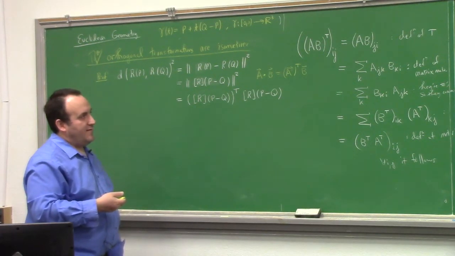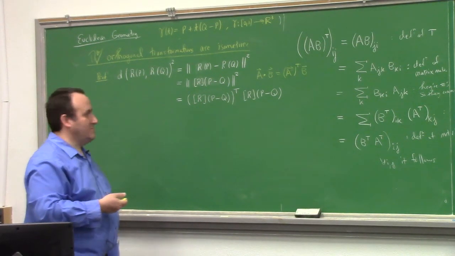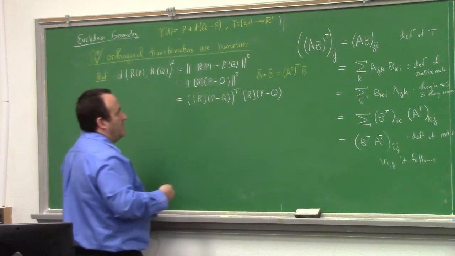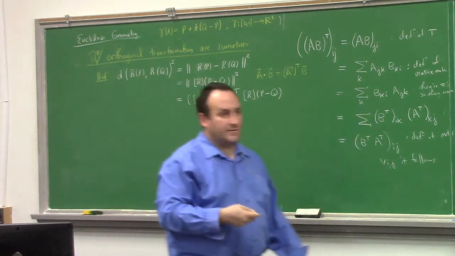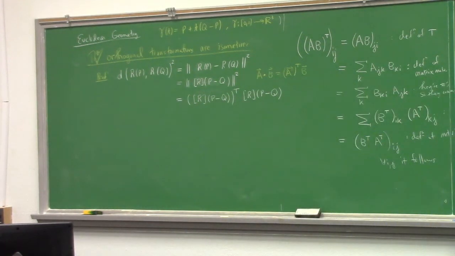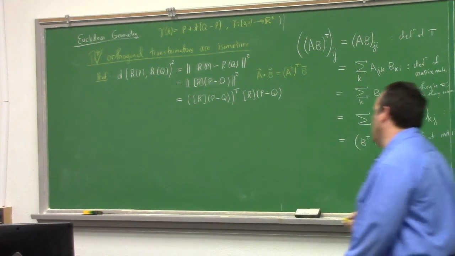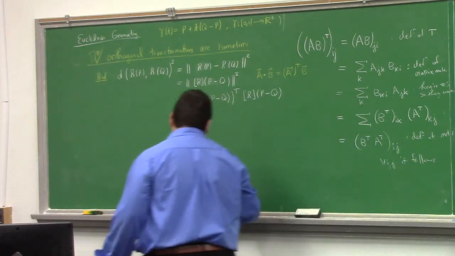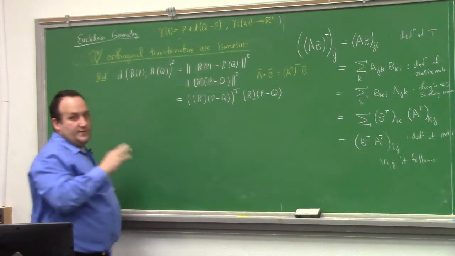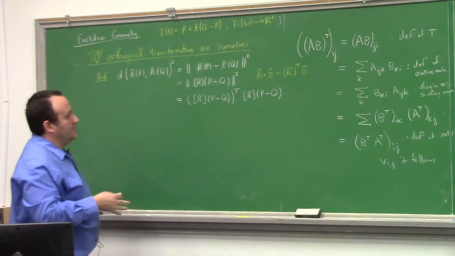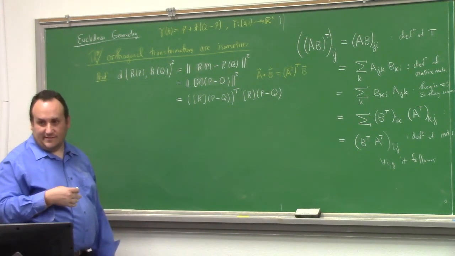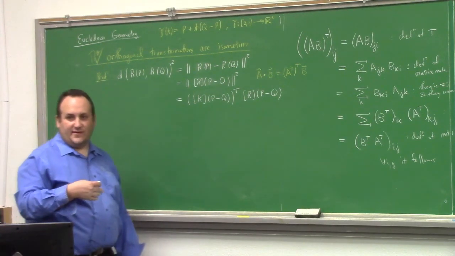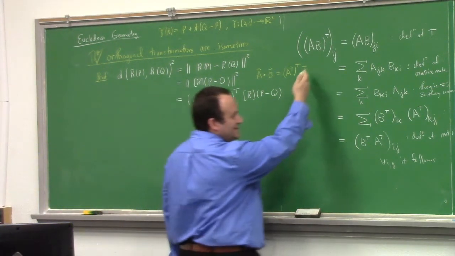Now, R is a linear transformation. So now I use the sock shoes identity, which I thankfully have proved right over here.